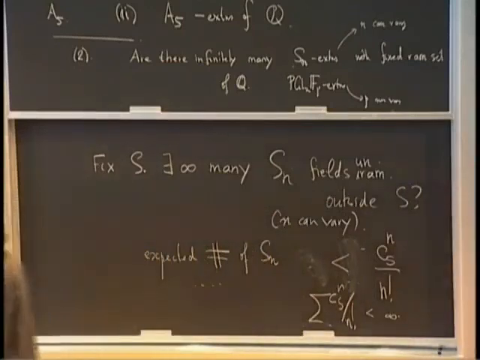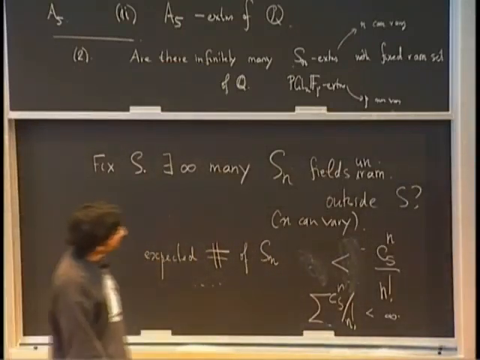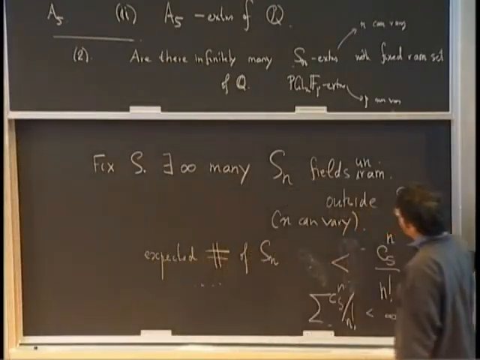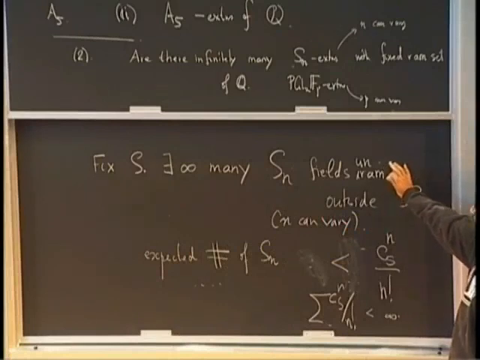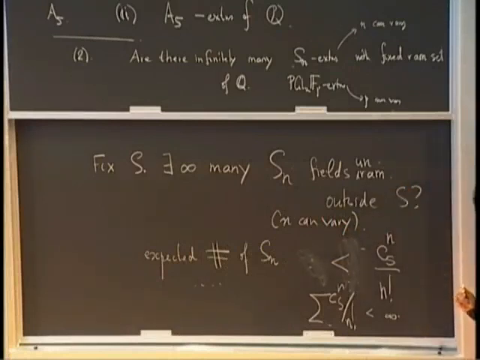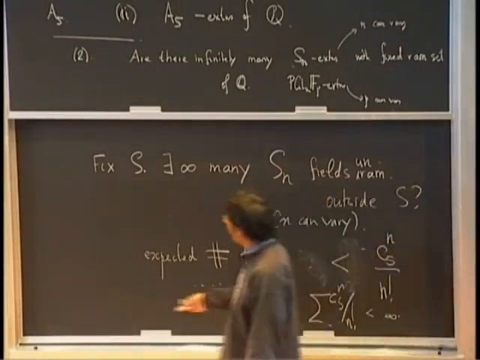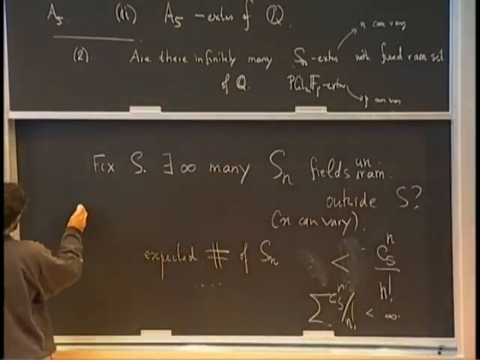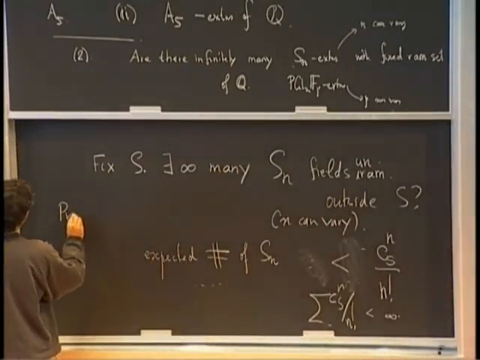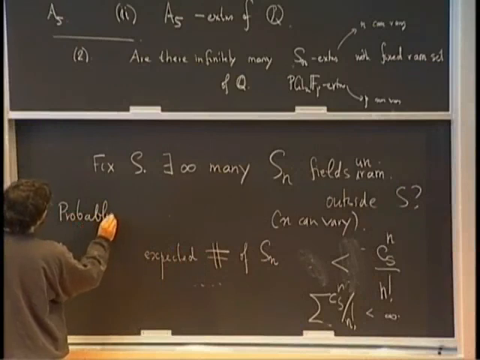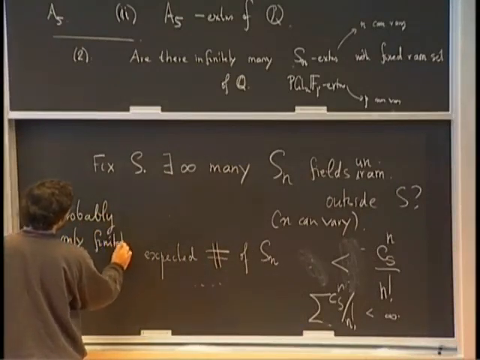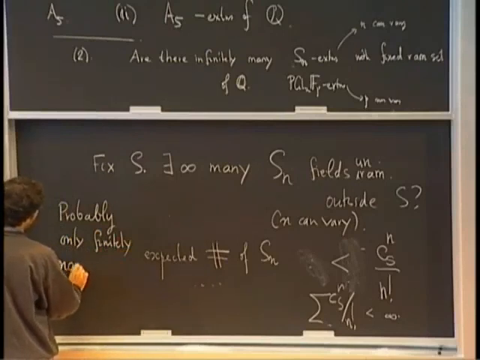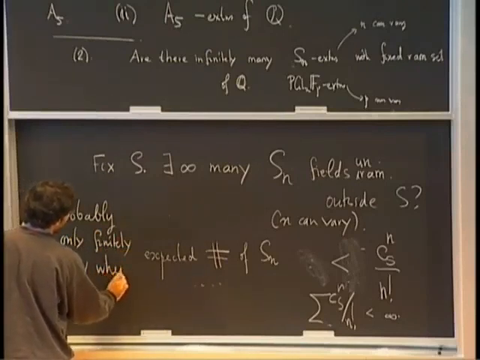After that, Roberts and I started working together, and we have a conjectural construction, at least for some special sets S, that we think will give infinite families of these. It doesn't work for all sets S. As far as I know, and I probably believe, there are only finitely many when S consists of a single prime, for instance.